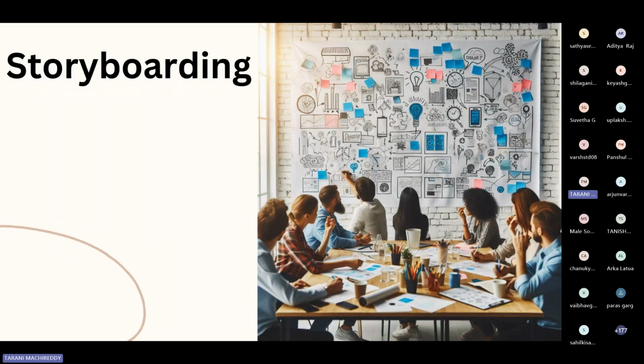As we tell our idea to someone, they may or may not understand it clearly. But if we show it visually, in a video or photo or something, then they might get an understanding: okay, this can be like this, or this can be like that. So that's where we use storyboarding.